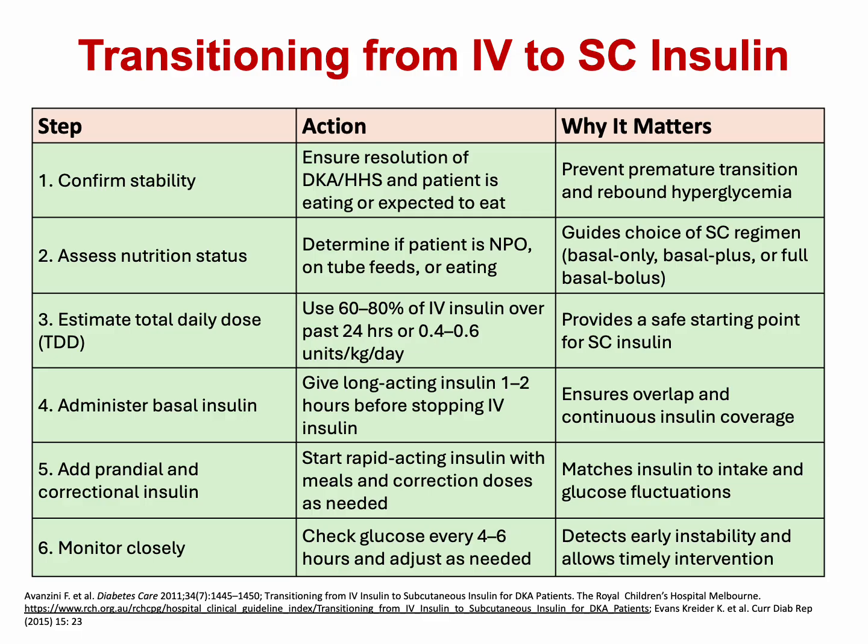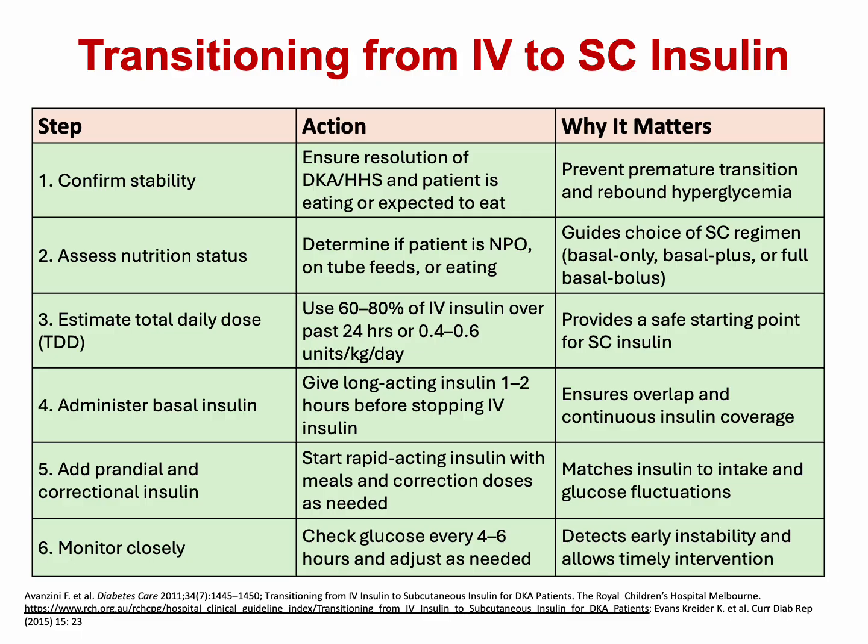But if the drip has been shorter, say just 6 hours, you can extrapolate based on the infusion rate. For example, a 50 kilogram patient receiving 0.1 units per kilogram will get about 5 units per hour, or 30 units over 6 hours. You extrapolate to 24 hours, that's about 120 units, and 60 to 80% of that gives a safe total daily dose ranging from 72 to 96 units.